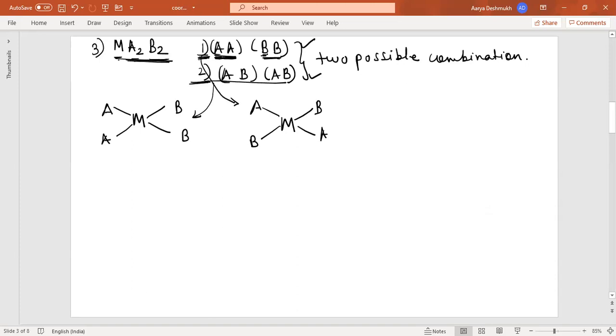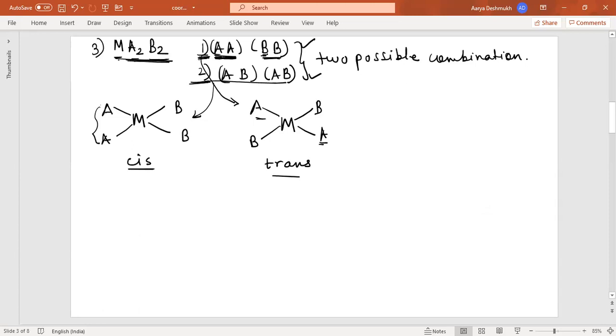Now which one is cis and which is the trans here? So in this case, these two A are having the adjacent position. So this is your cis and these are the opposite position, this A and A. So this is the trans.